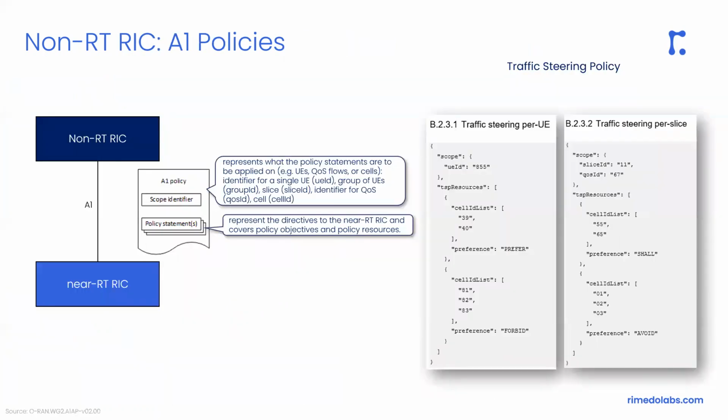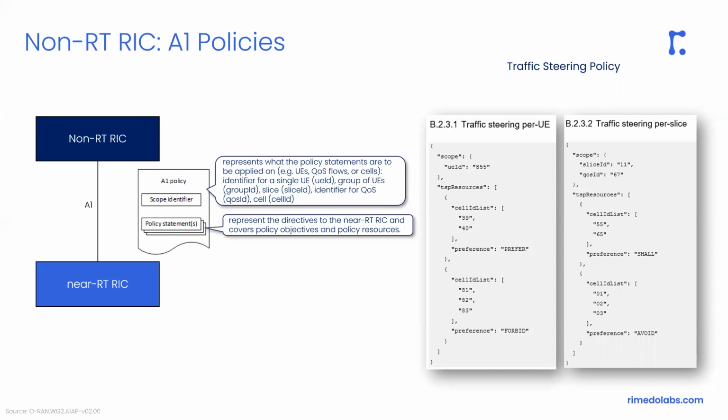Speaking about the policies, so we spoke about what is coming down from the non-real-time RIC to near real-time RIC, and those are the policies that are basically representing the statements to a specific UE. So a group of UEs for a slice ID, for quality of service ID, or for a cell ID. So we could group users in different manners.